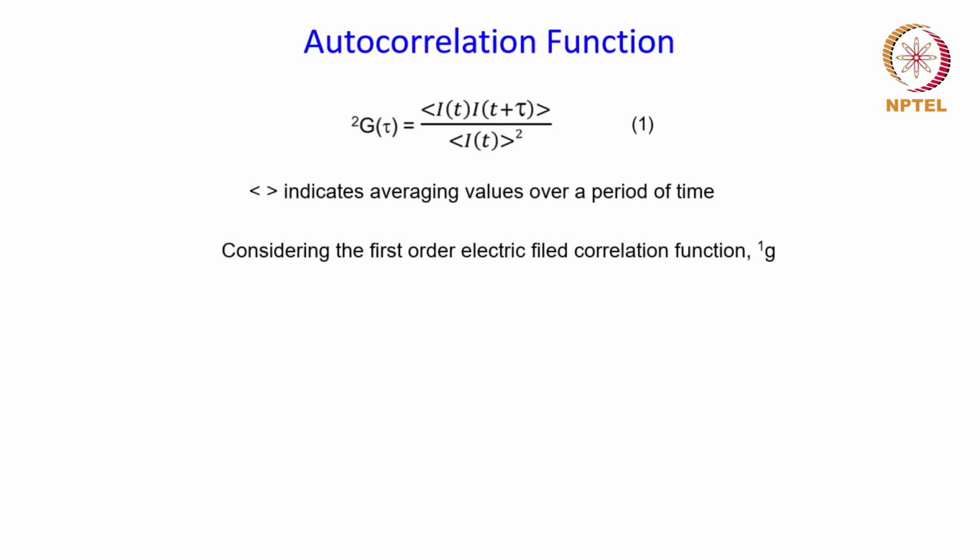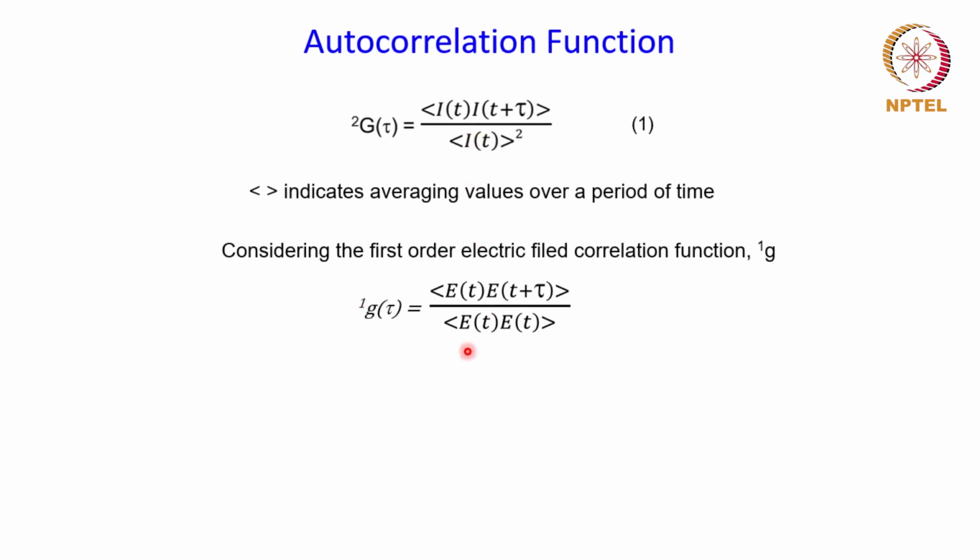Now, if you consider the first order electric field correlation function G, or rather G1, this one indicates first order. Similarly, 2 here indicates the second order correlation function. So this electric field is nothing but the electric field of the scattered light beam, and I will be the intensity of that electric field. Okay. So this first order correlation function of the electric field is defined as follows, like how it is defined for the second order correlation function.